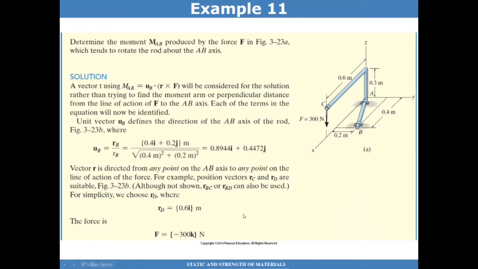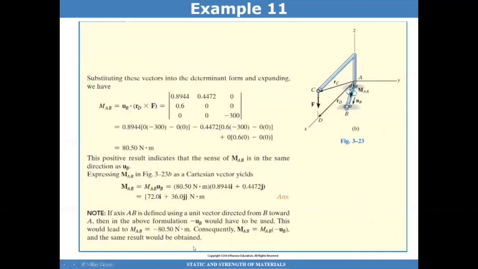And so now all I have to do is take the cross product of RD and F, and once I calculate this, I can calculate the moment about A. And once I get the moment about A, I'm ready to project that moment on the AB axis.